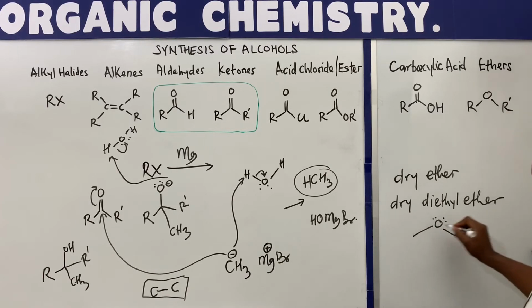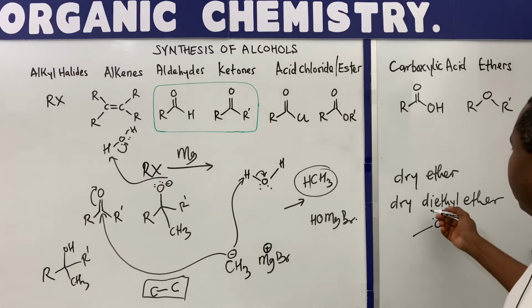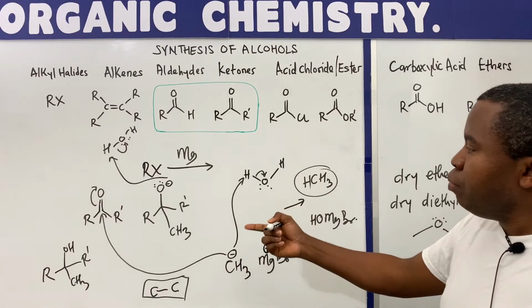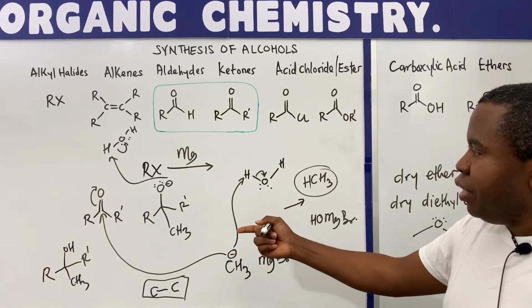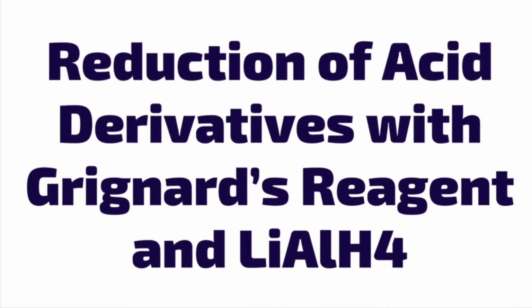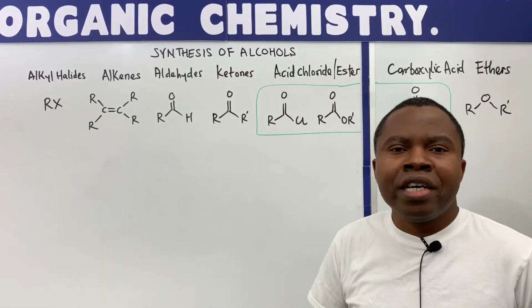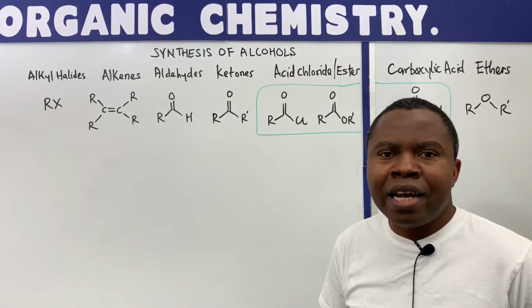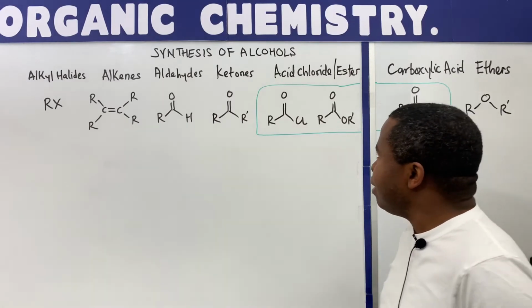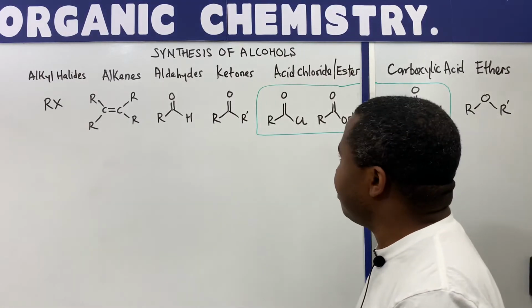So this is diethyl ether. We often use dry diethyl ether as solvent when we are performing the reaction between a Grignard reagent and a carbonyl compound to form an alcohol. So we have seen the reaction between a Grignard reagent and aldehydes and ketones. Now let's see the reaction between a Grignard reagent and acid chlorides and esters.